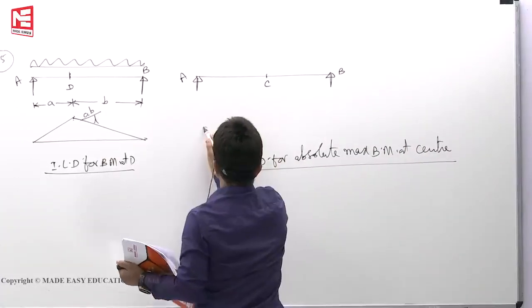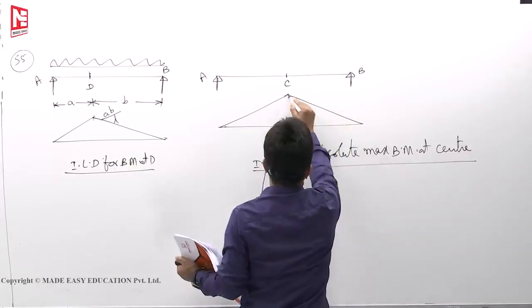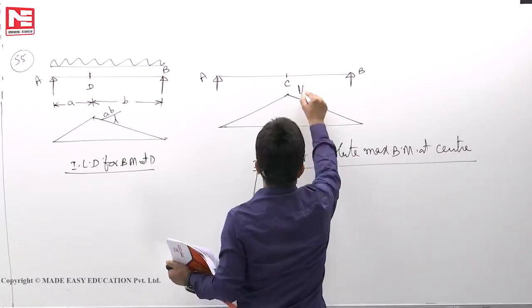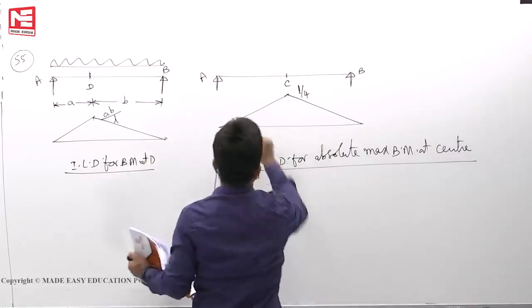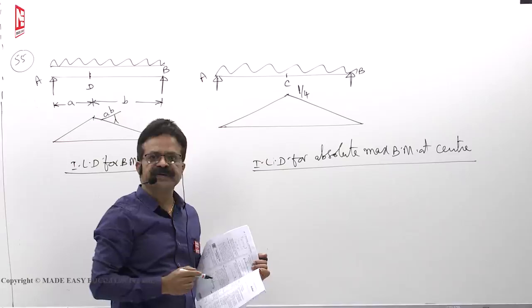Now if I take the absolute maximum bending moment, which occurs at center when the UDL is there, ab by L means L by 2 into L by 2 by L, so L by 4. Then the UDL must be kept over the full length and I will get maximum bending moment.